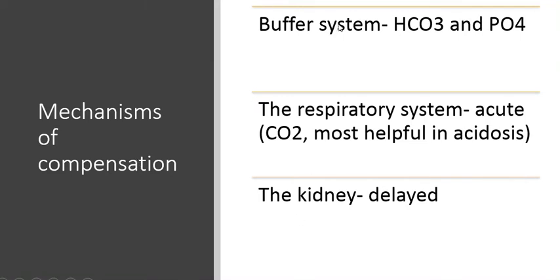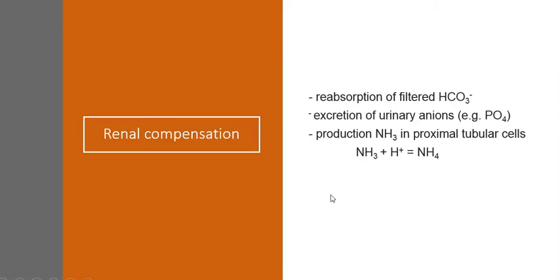The buffer system usually varies from day to day based on the foods we eat and all of that. The respiratory system, based on what you do, is usually acute, and then the renal system comes in at a later stage. The renal system is the most important, and the most important component of the renal or metabolic compensation, please note, renal and metabolic we can use interchangeably, is bicarb.